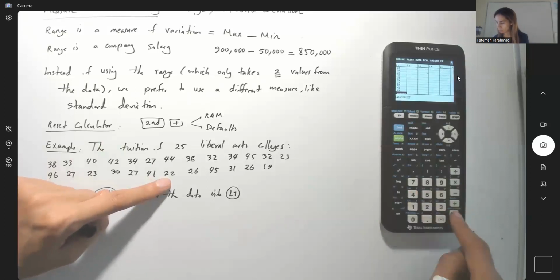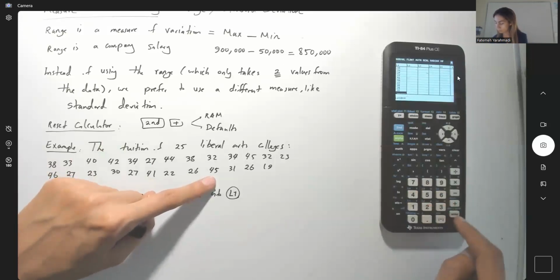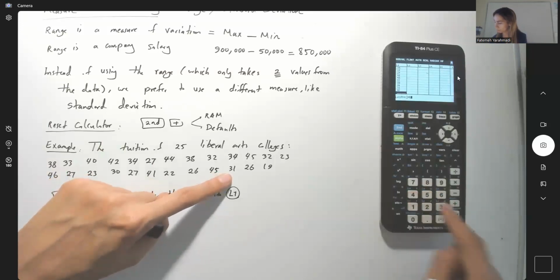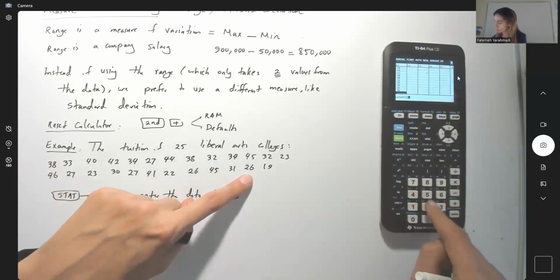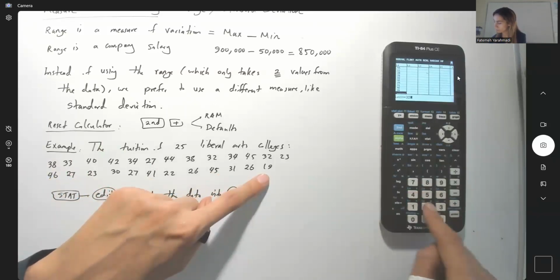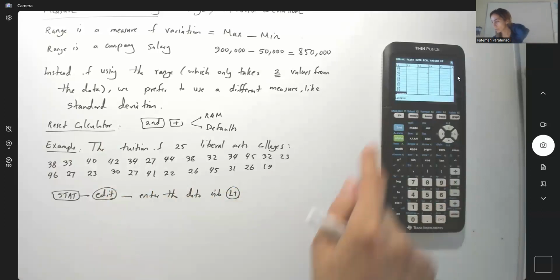I have 22, 38, 26, 32, 45, 34, 31, 45, 26, 32, 19, and 23. We entered all the data in our calculator in L1.